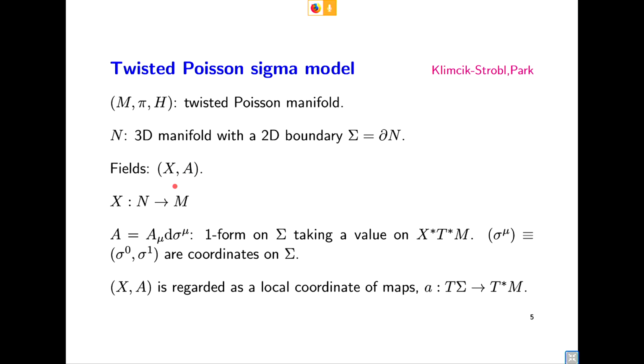X is a map from N to M, and A is a one-form on Σ, this two-dimensional boundary manifold, taking values in the pullback of T*M. σ is a coordinate on Σ. These two elements are regarded as local coordinates of this mapping space.